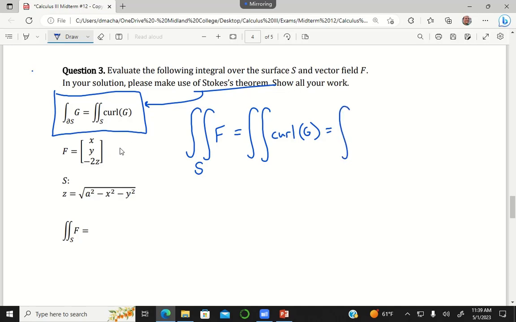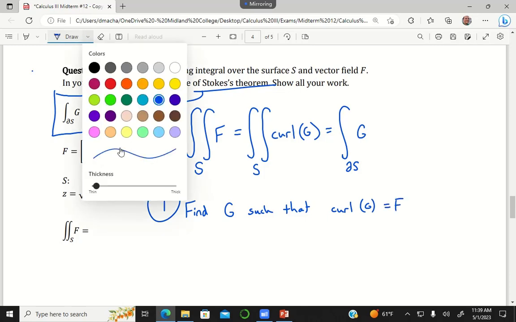If I can find such a vector field, then evaluating the surface integral over f is going to be the same thing as evaluating a path integral around the boundary of that surface of my vector field G that we found. Okay, so step number 1 is to find G such that curl of G is equal to f.